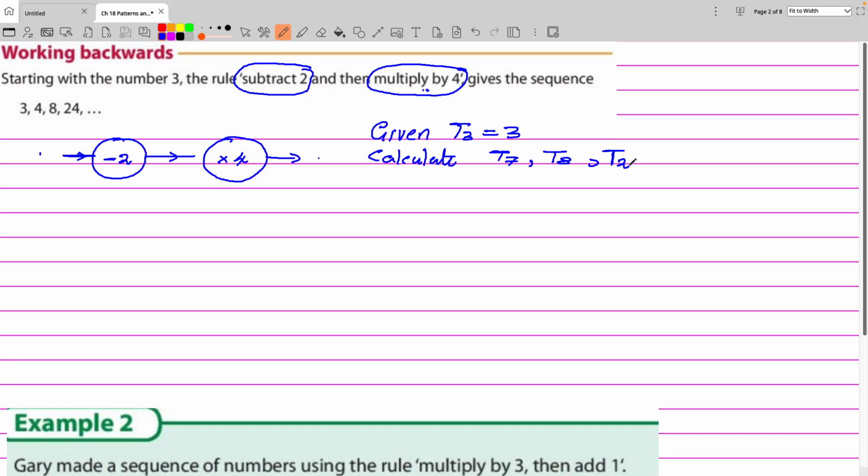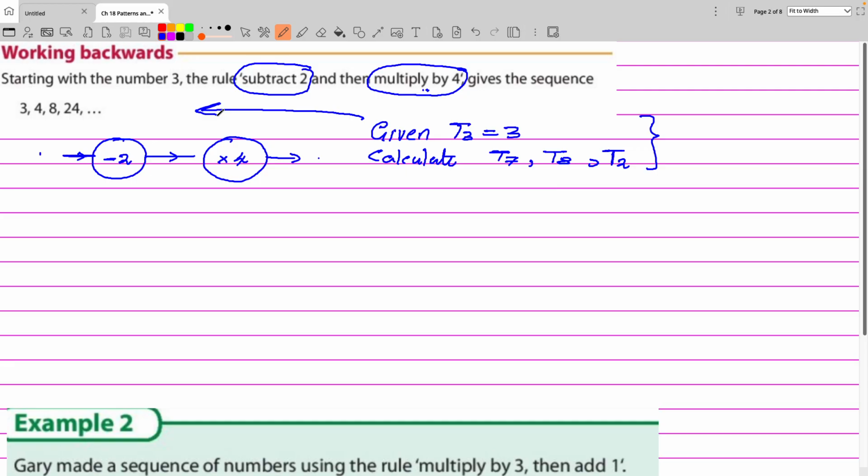And please note, what I'm doing is key to my setting it out. In your test and in your exam, you will have the words, you'll be able to circle them, you'll be able to do exactly what I've just done there. So I'm drawing a line, I'm drawing a circle. Inside the circle, I'm writing subtract 2 in a mathematical way.